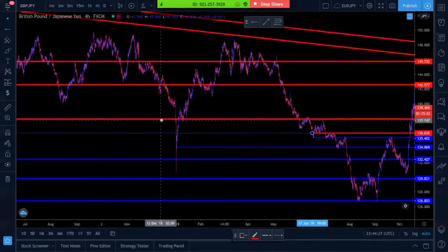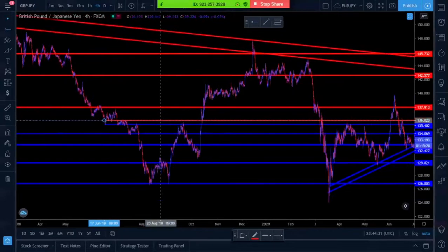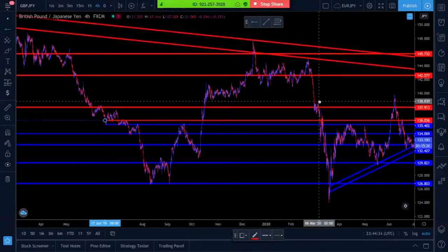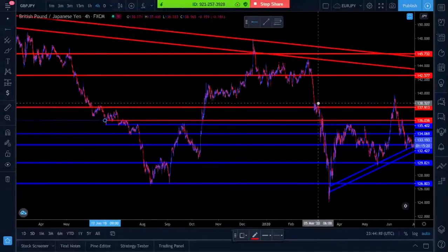One more resistance will be, I was going to place it right here, but I just look over to my left, and if I see some resistance right there, or support that became resistance, then I'll place it.